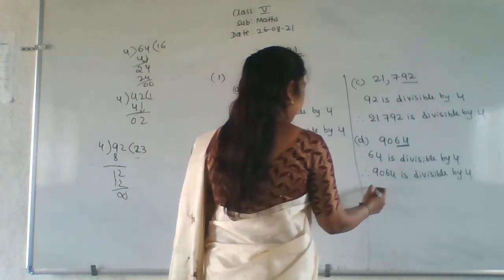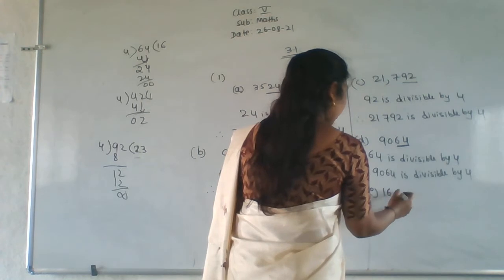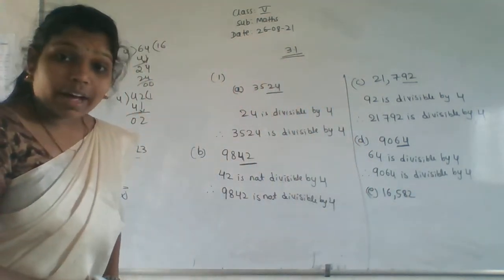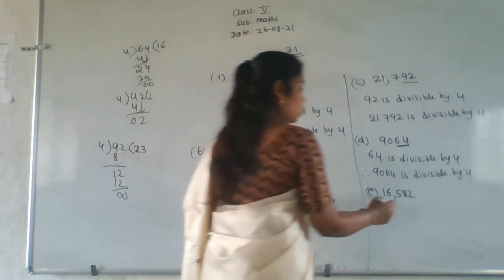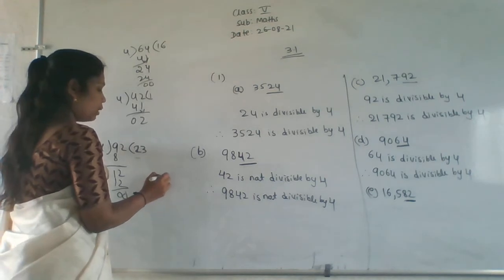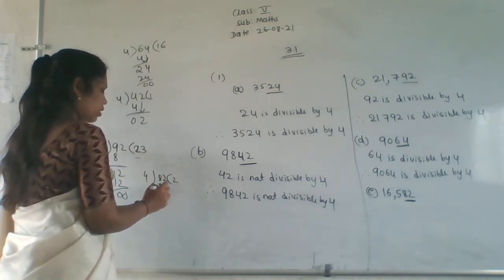Here, write E1. What is the question? E1 here: 16,582. What are the last two digits here? 82. Now divide 82 by 4. 4 2s are 8, here 0 again, 2 left.